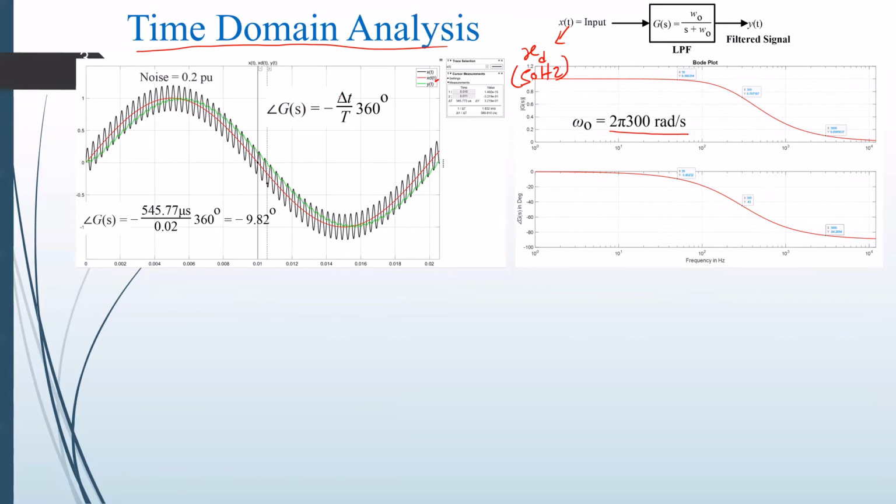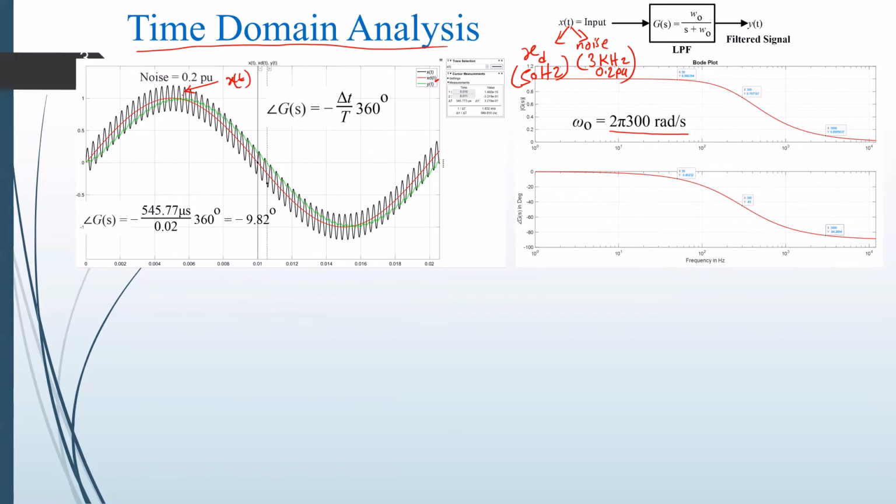And let's consider it has a noise. So the noise is a 3 kilohertz noise, and it has a gain of 0.2 per unit. So it's just a 20% noise in the system, which you can see from this black curve. This is your X of t.